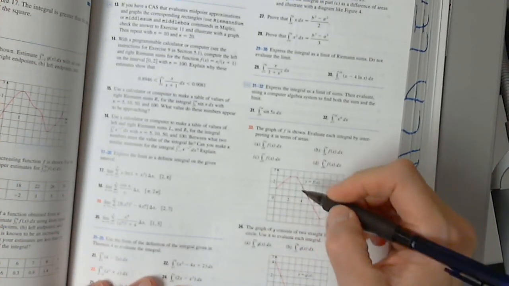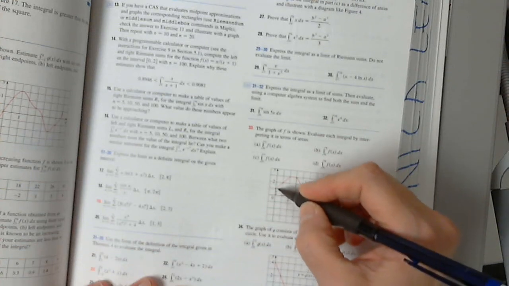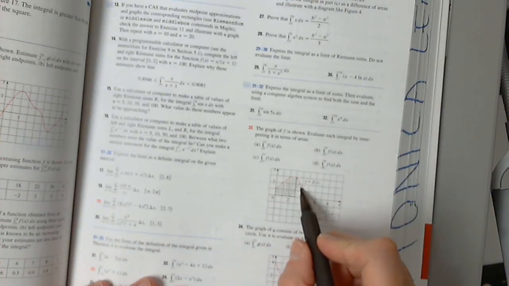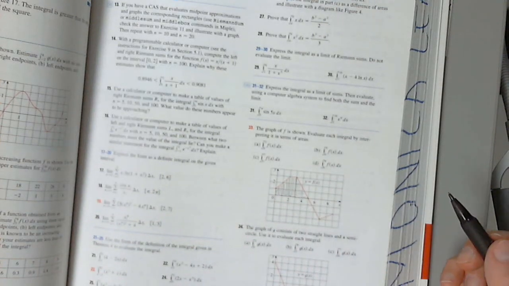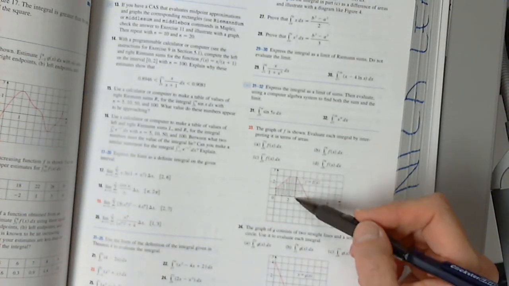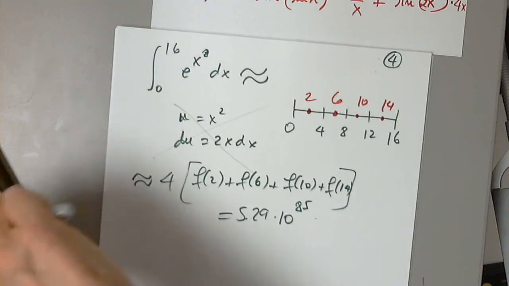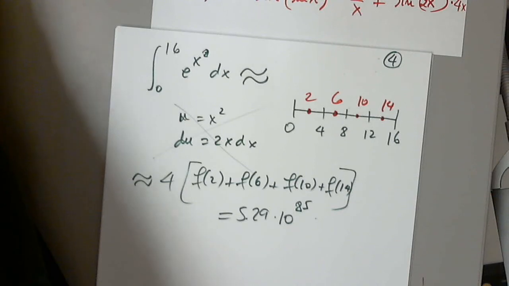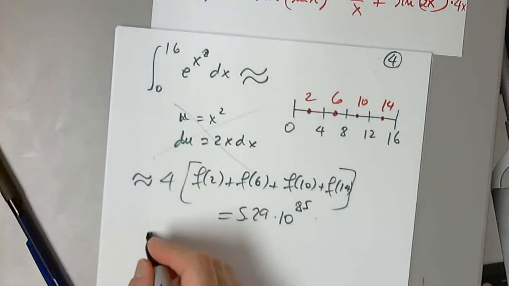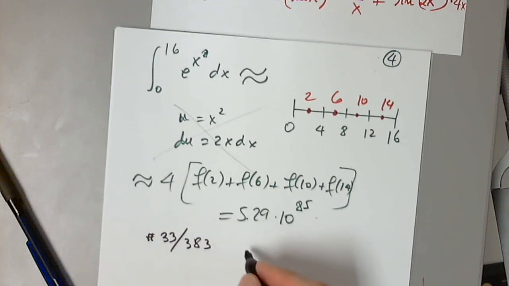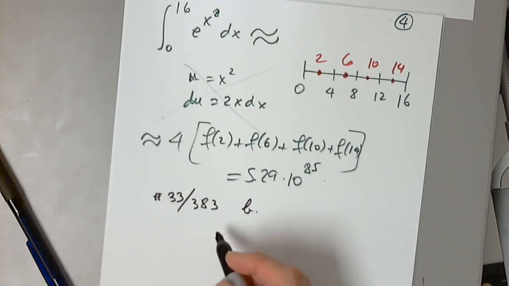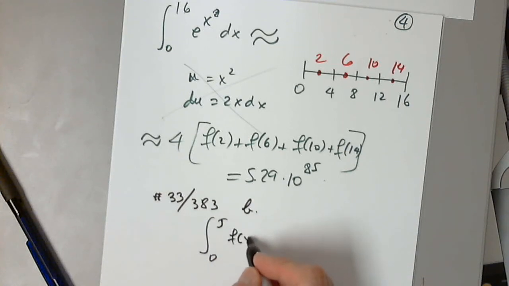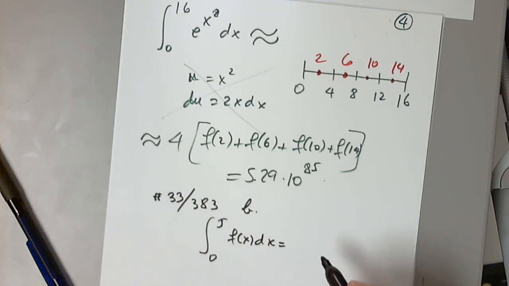So let's see. It's this, and this. So base times height, 3. So 2 times 3 divided by 2 plus... So we chose 33 on page 383, and we looked at part B. The integral from 0 to 5 of f of x dx is the area of a trapezoid.